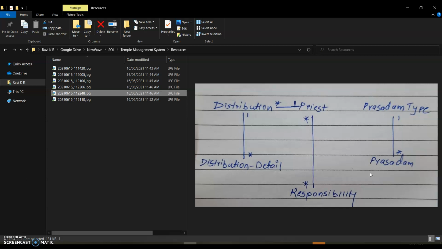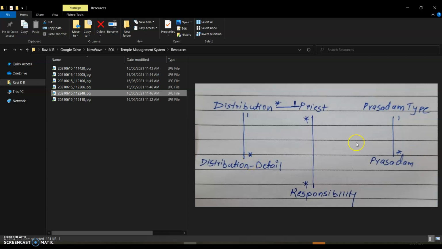But I strongly suggest not to, because remember, we are going code first, and I would want you all to imagine everything in terms of code. But if at this point this relationship is not clear, you can just skip this and go ahead and start figuring out what kind of fields will be there in this detail, what kind of fields will be there in the distribution, and then things will start becoming more evident.